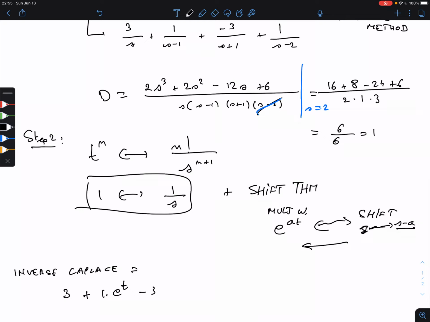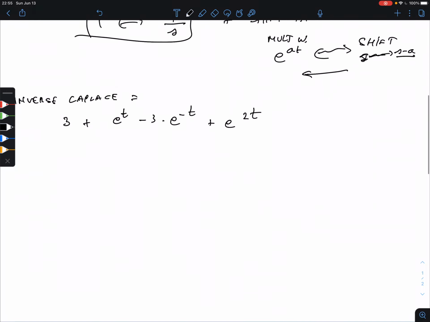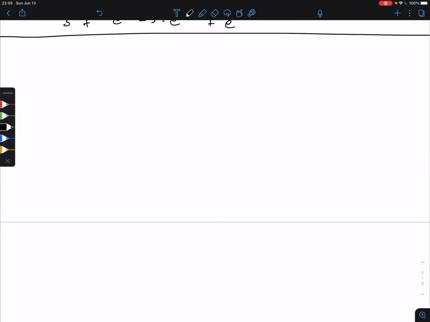Minus 3 times, now the shift is with negative 1, so now it's e to the minus t, and then plus e to the minus 2t. Now we have 2t, right? s minus 2 corresponds to e to the 2t. Okay, so that's the function, the inverse Laplace transform in this case. That's the case where we have no multiple roots.